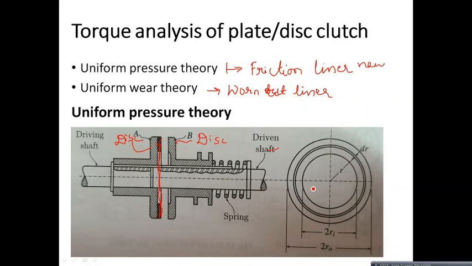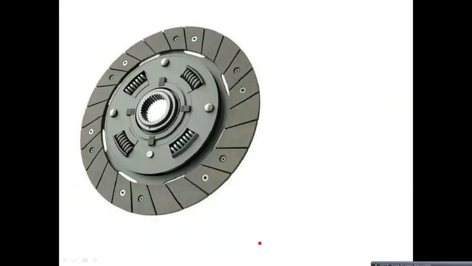Now let us consider a disc which has an inner radius Ri and outer radius Ro. Let us consider a small strip of width dr, located at a distance r.